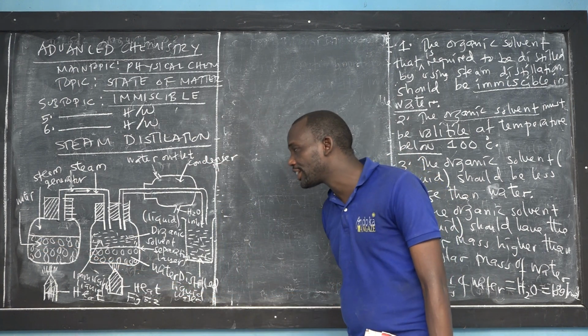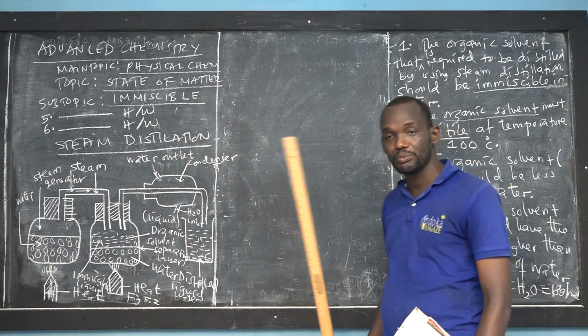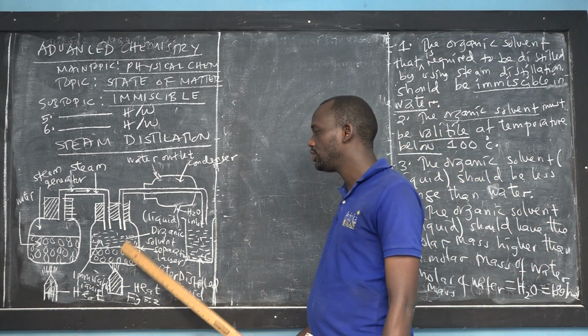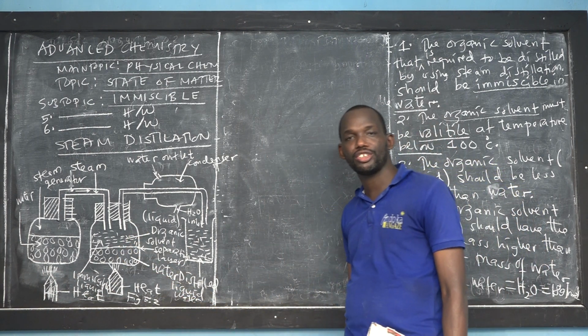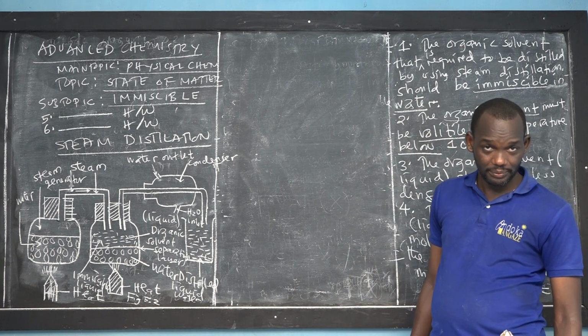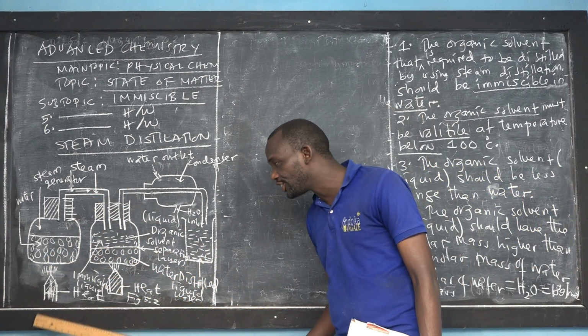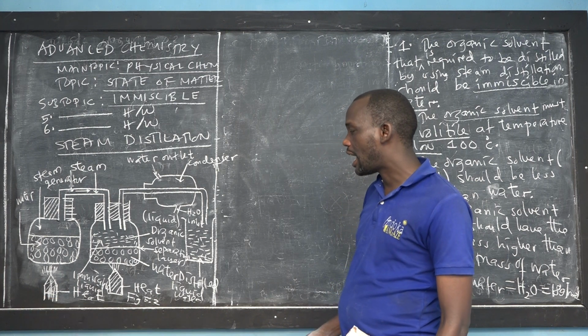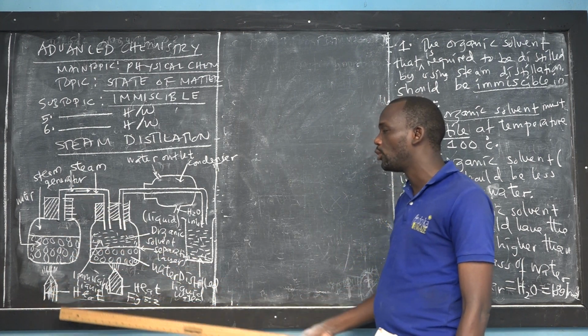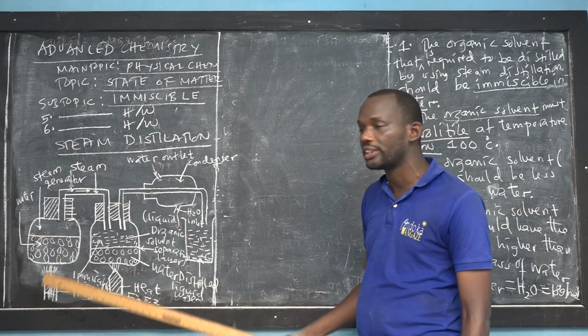This steam generator produces the steam in order to separate the immiscible liquids in this conical flask. The steam generator is heated up to the boiling point of water, because the steam we are using is water.